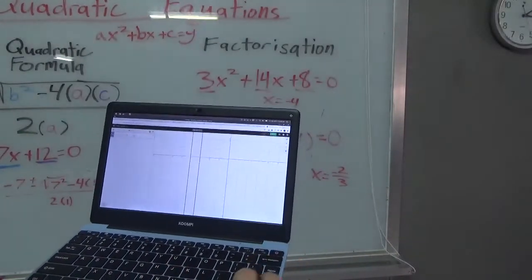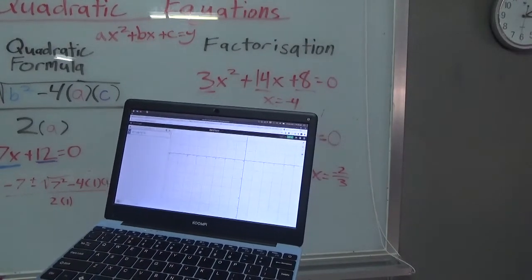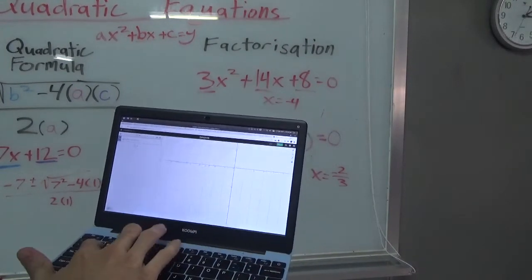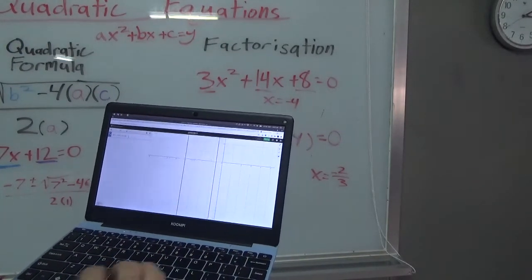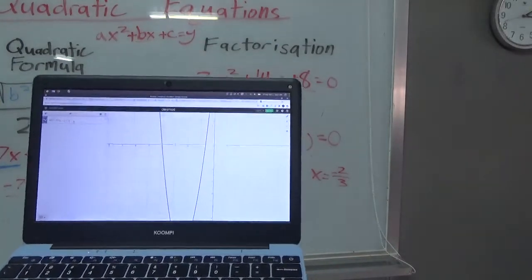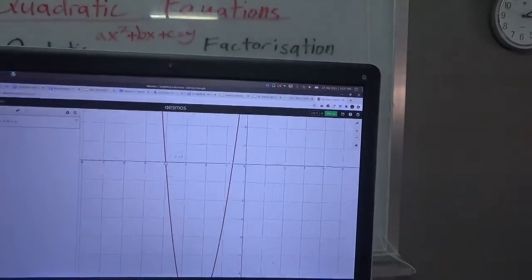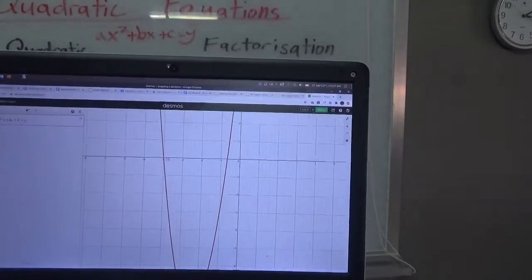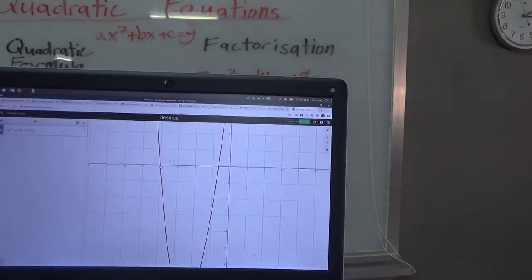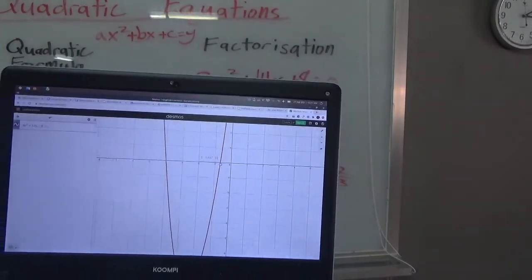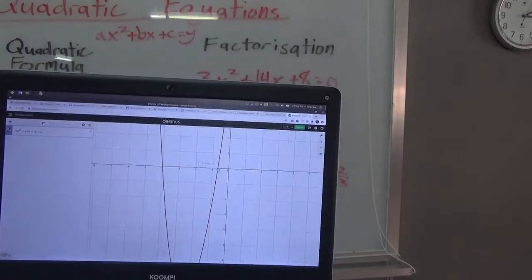Okay, so I'm looking for 3x squared plus 14x plus 8, and let's say it's equal to y. Okay, so I see that the point of negative 4, 0 is correct, so that's where the parabola is crossing the x-axis, and we have negative 0.667, which is negative 2/3.